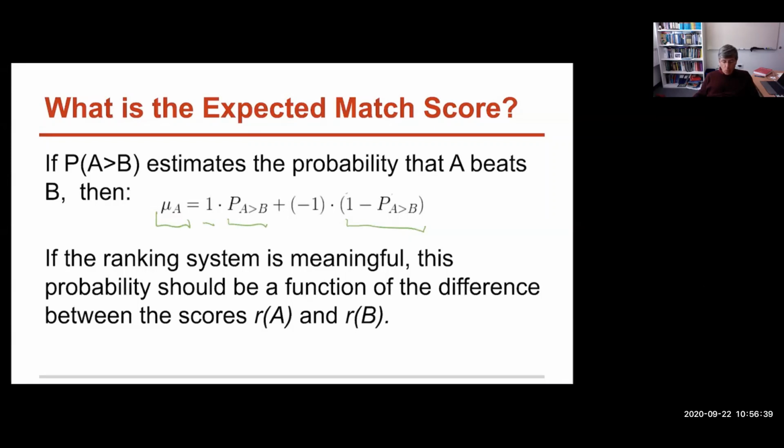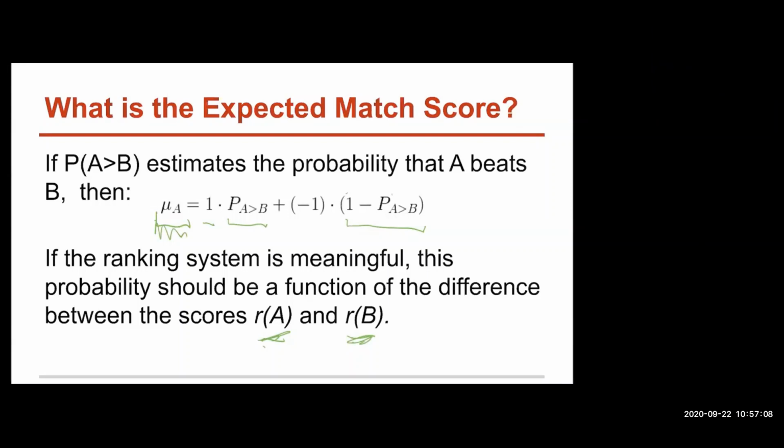If we can find a way to predict what the probability of me beating you is on the basis of the difference of our rankings, this gives us a way to adjust rankings based on the result of a match. This gives us a way to measure our surprise in the outcomes based on our current scores. Any questions about that?